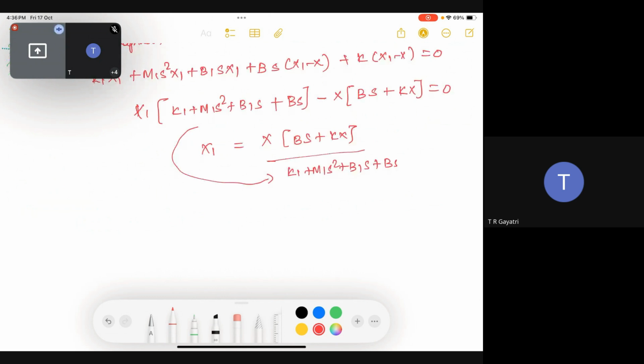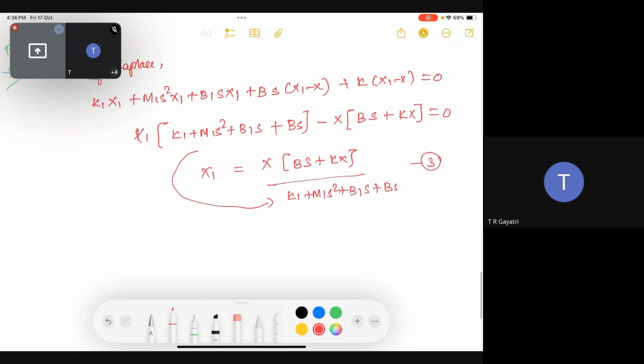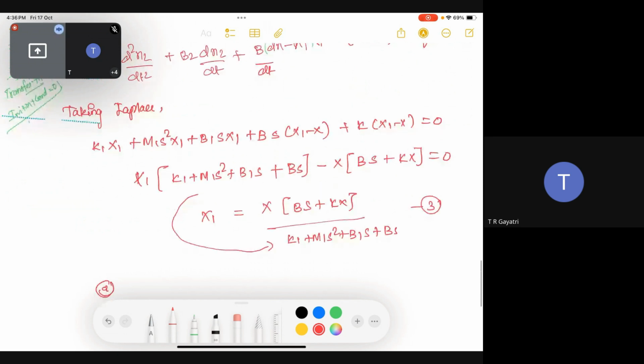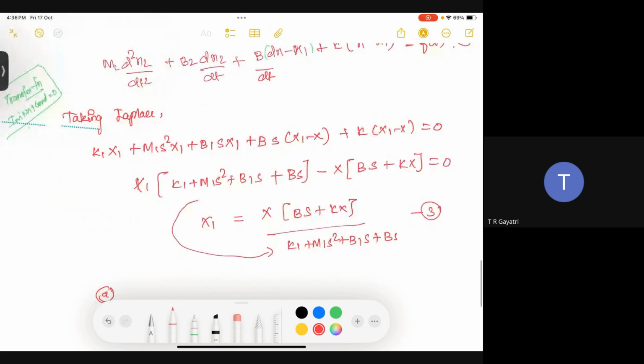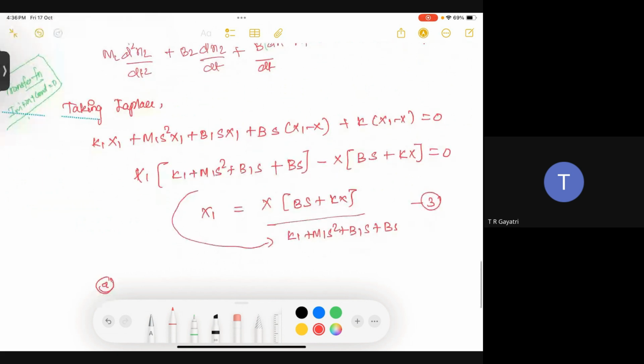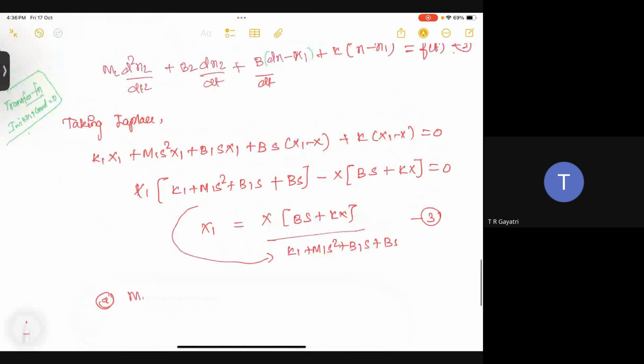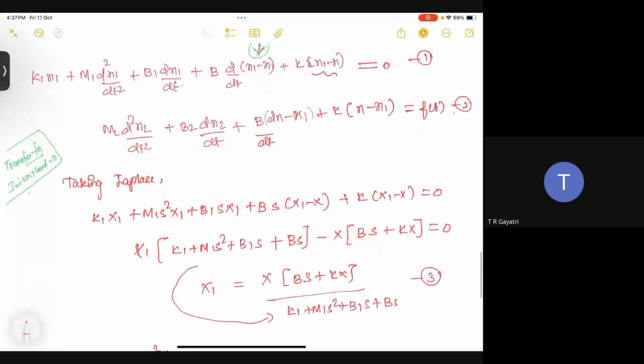Now I'm going to simplify the second equation also. Consider this as 3. So solving the second equation, this is a little difficult to write. This will become m2 s square X. There is no x2.